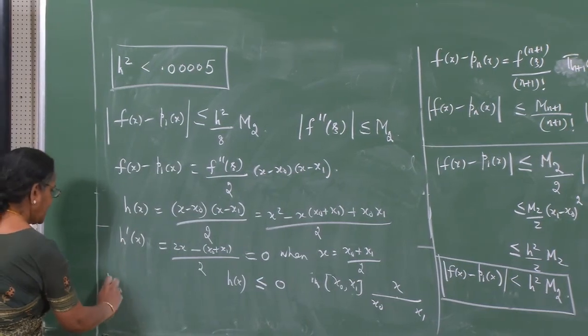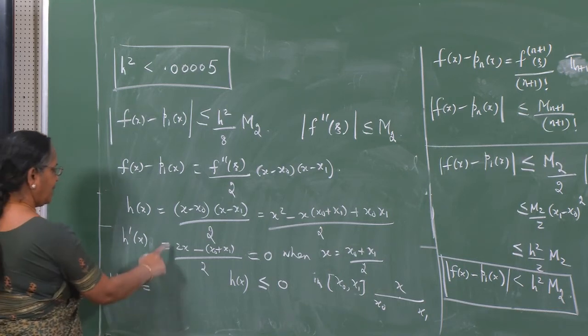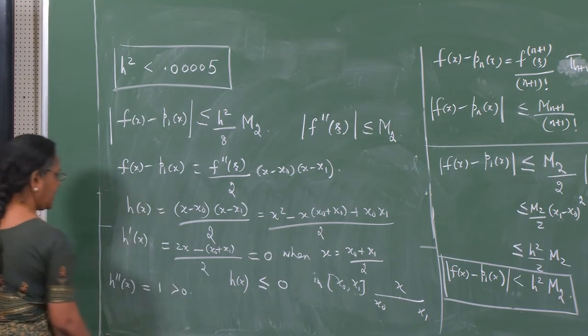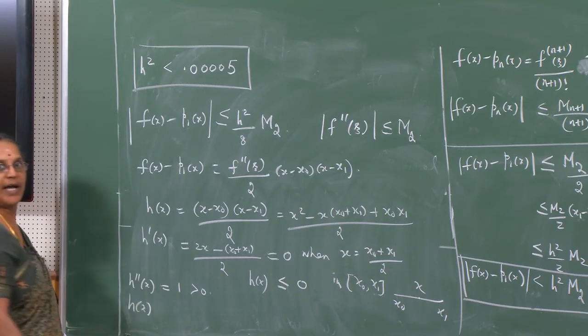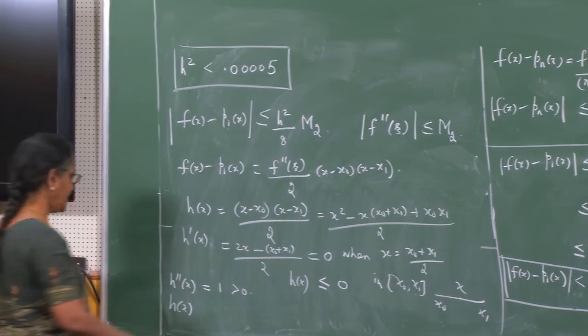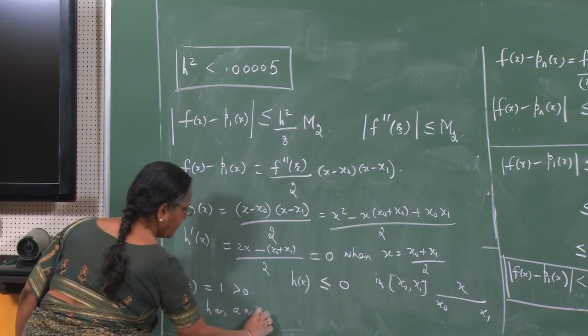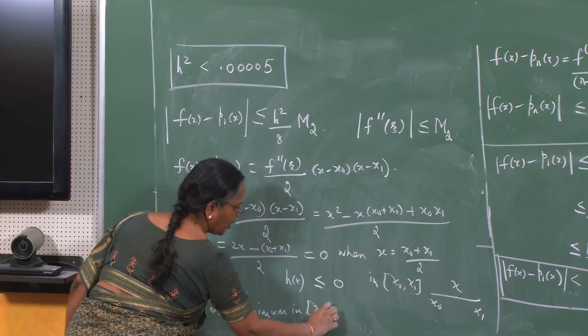In addition, I see what is h double dash of x. H double dash of x is going to be 1, so positive, and therefore, I have h of x to have a minimum in the interval x naught to x1.